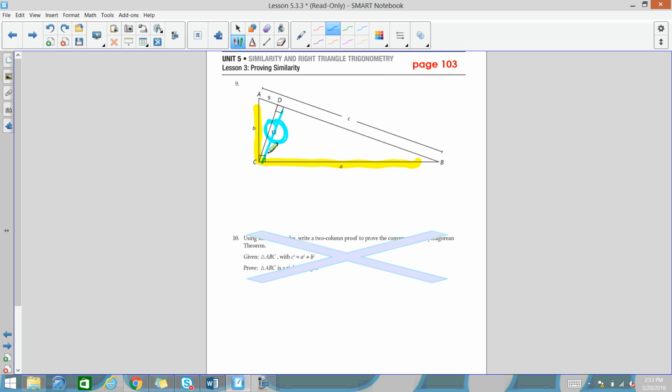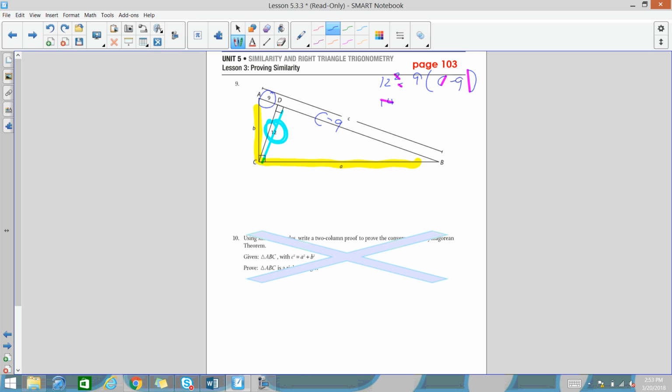Now watch this. If I'm going to use the altitude, the formula is altitude squared, or 12 squared, is equal to left, so it's 9, times right. Now here's the deal. I don't know what the right is, but if I know the entire hypotenuse, it's C, then the right is C minus 9. So that's how I do my altitude formula.